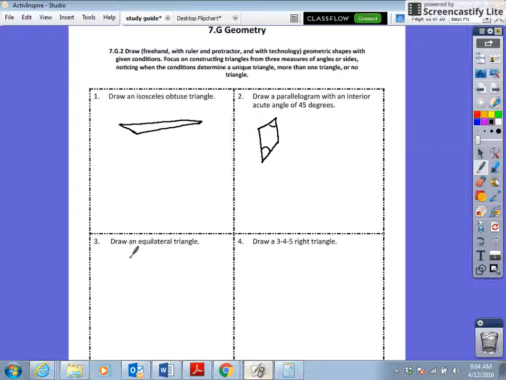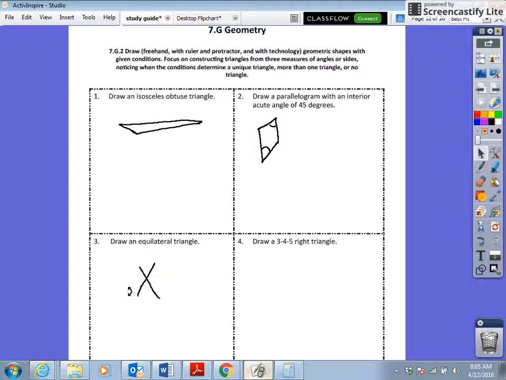Draw an equilateral triangle. Well, that is super simple because all I have to do is make that line and then make sure all my other lines are exactly the same as that line. Take that, and I'm going to copy it. And then I'm just going to rotate it.